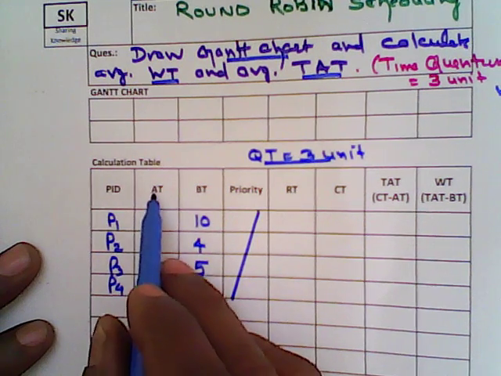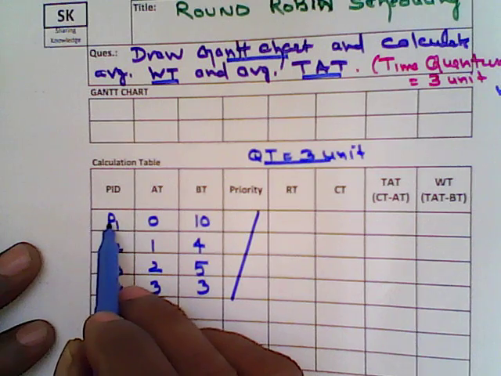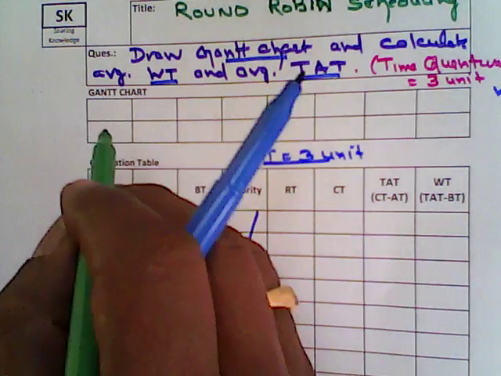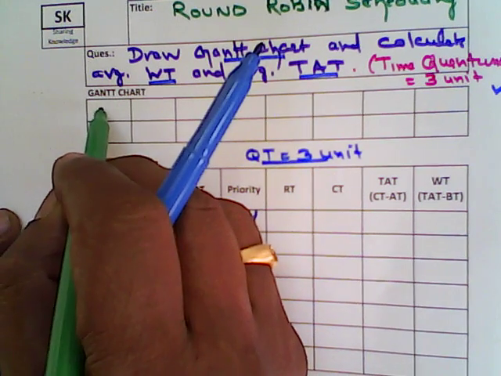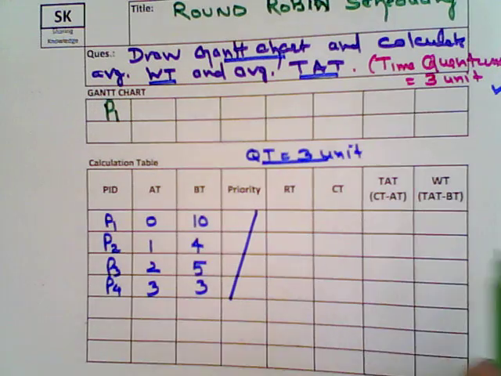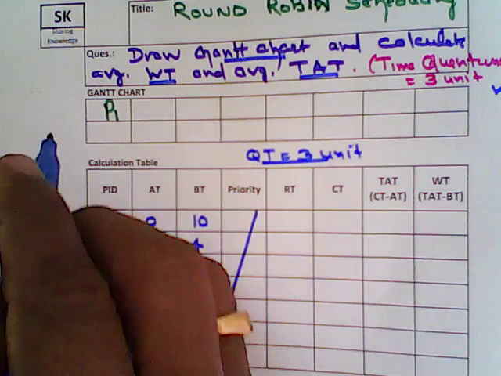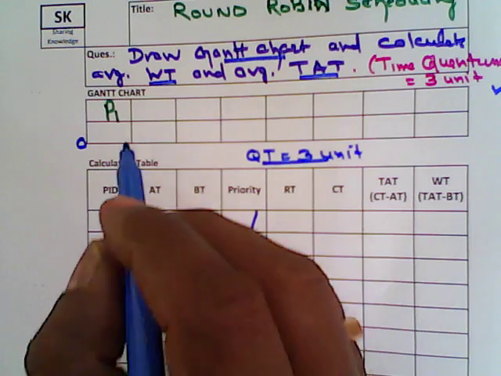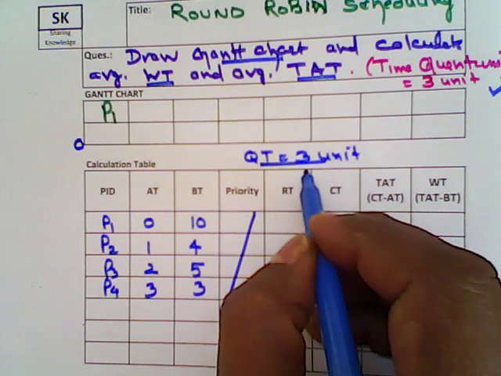So for the first process we put P1 in the Gantt chart. When P1 arrives at 0, it has to be processed based on the 3 units.